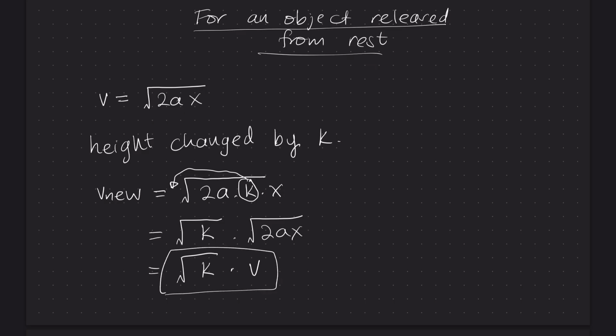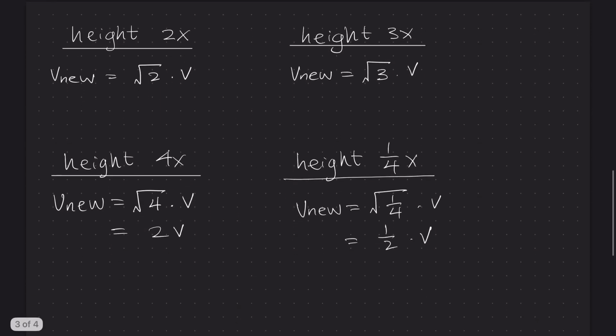Now, let's look at some actual cases and understand what that means. If the height was doubled, like it was in this case, then the new velocity will be the square root of 2 times the initial. If the height was tripled, then the new velocity will be the square root of 3 times the velocity.